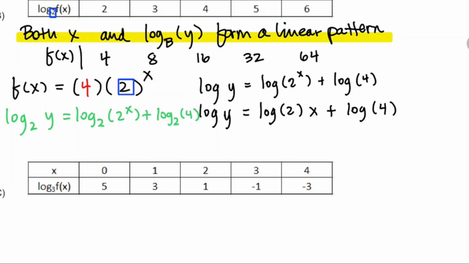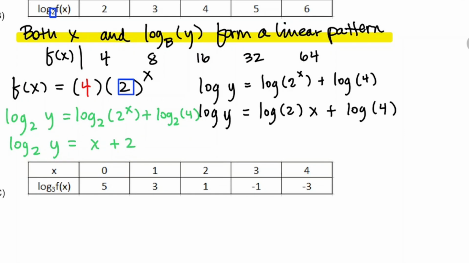You could stop there, but there's some logs here that could be simplified, right? Log base 2 of 2 to the x, what exponent do I put on 2 to get 2 to the x? Just x. So log base 2 of y equals x plus, what exponent do I put on 2 to get 4? I put the 2 exponent on 2 to get 4, so that's going to be x plus 2.